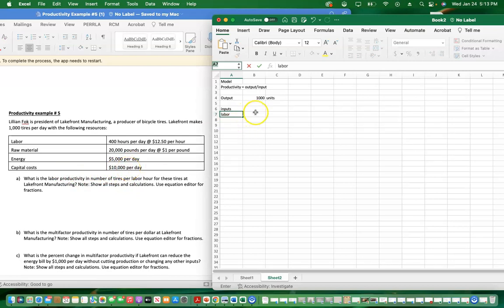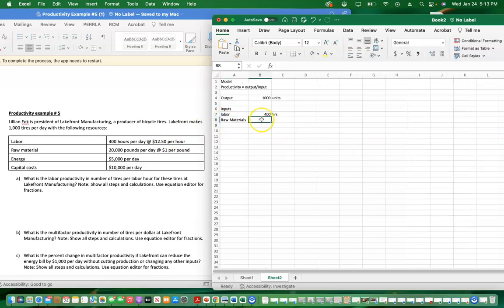So in this case, let's write just labor hours, 400 hours. And then raw materials, 20,000 pounds. Now you can see that with the energy, we have $5,000 per day, and the capital cost is $10,000 per day.